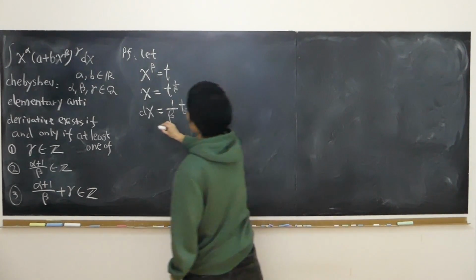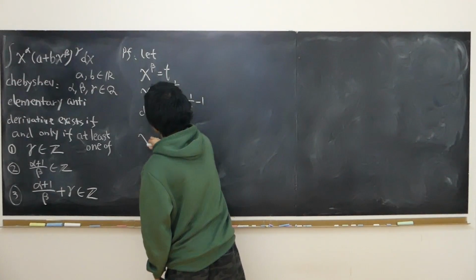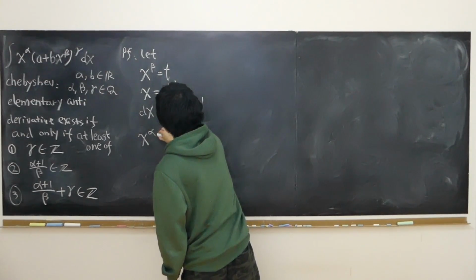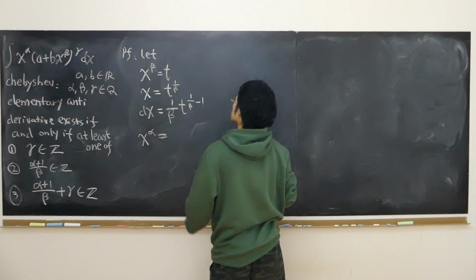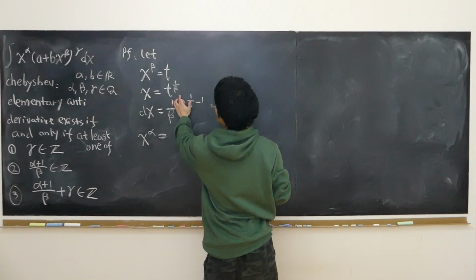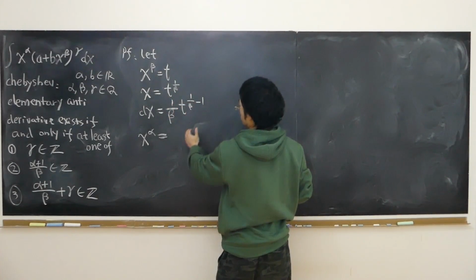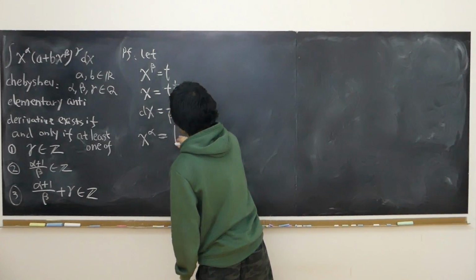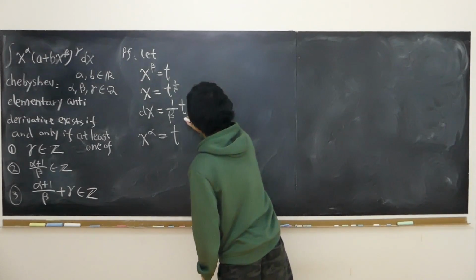Okay, now x to the alpha is equal to t to the 1 over beta raised to the power alpha. That is t to the alpha over beta.